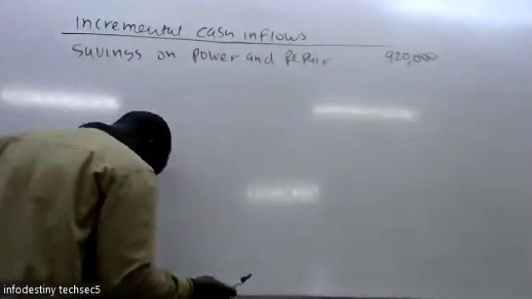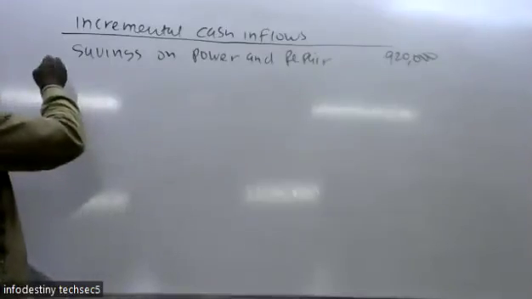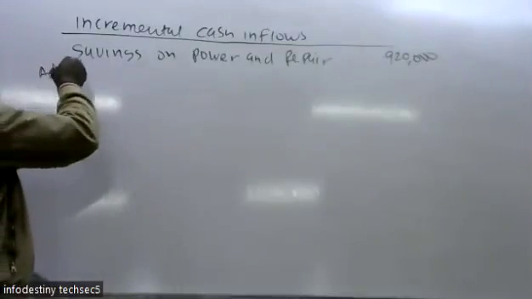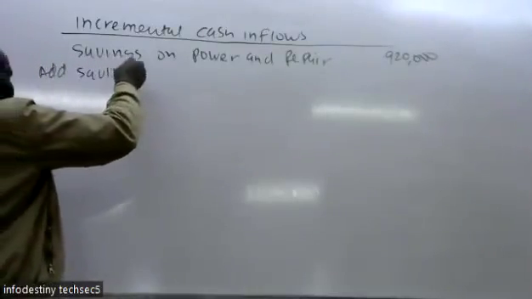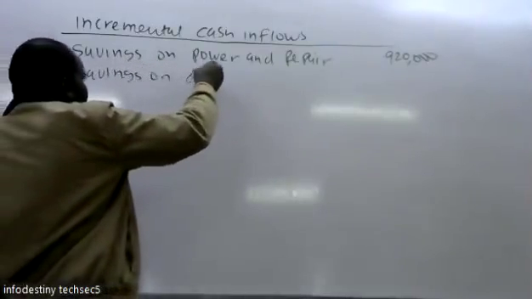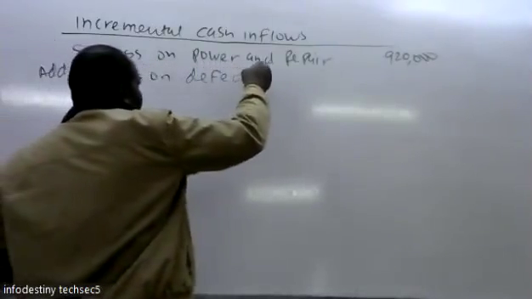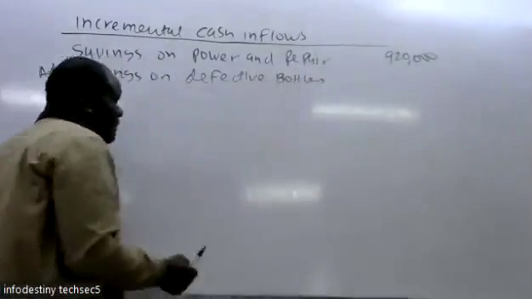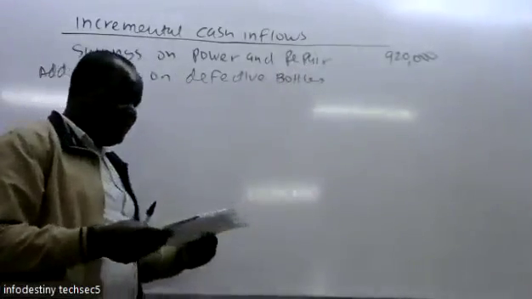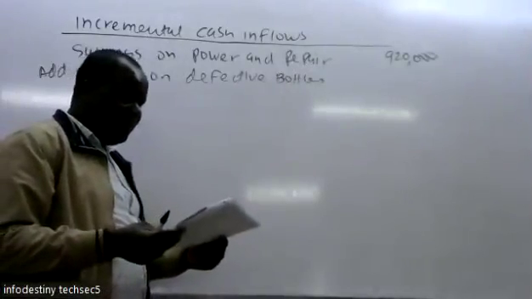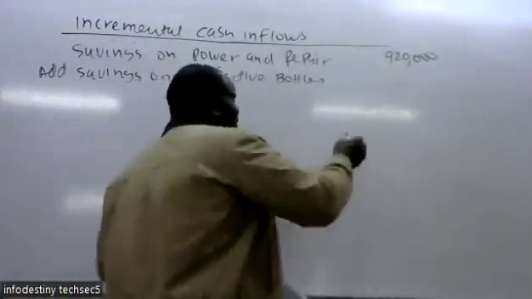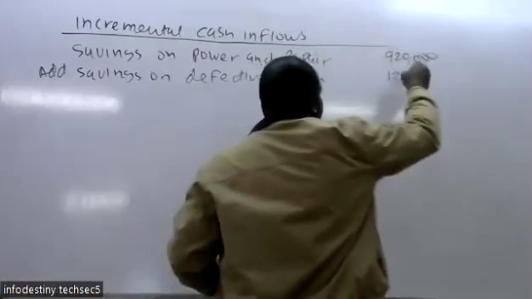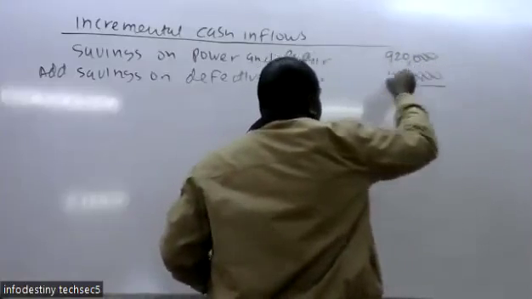So we also add savings on the defective bottles. It was meant to be 120,000.